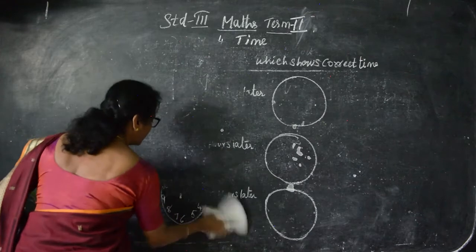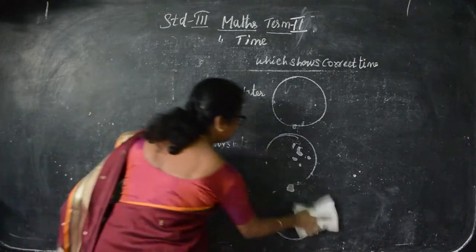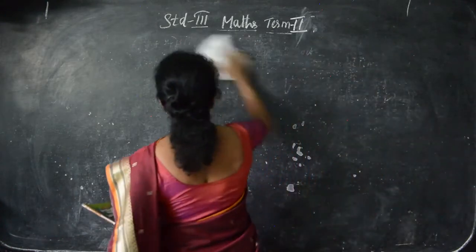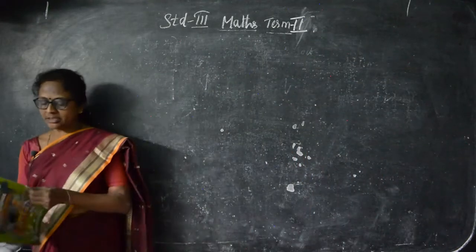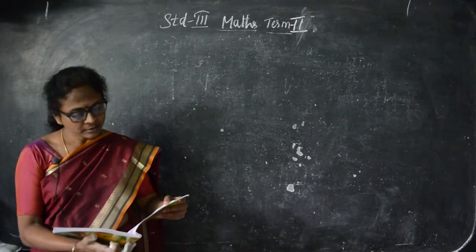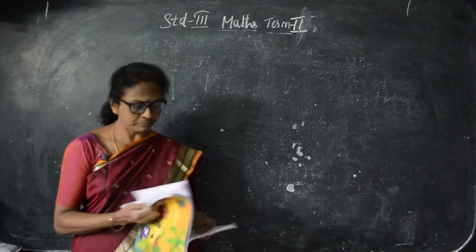Okay. So for time also you are having the exam, children. So 3 chapters in this. So what are the chapters? That is the numbers. Then patterns are taken.